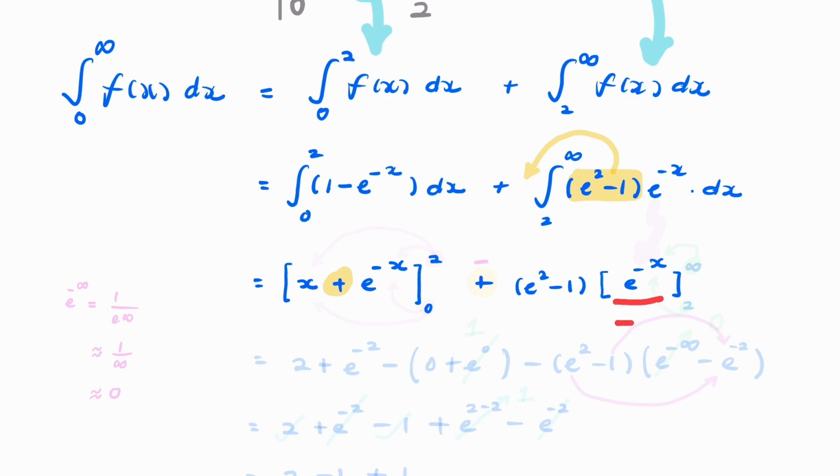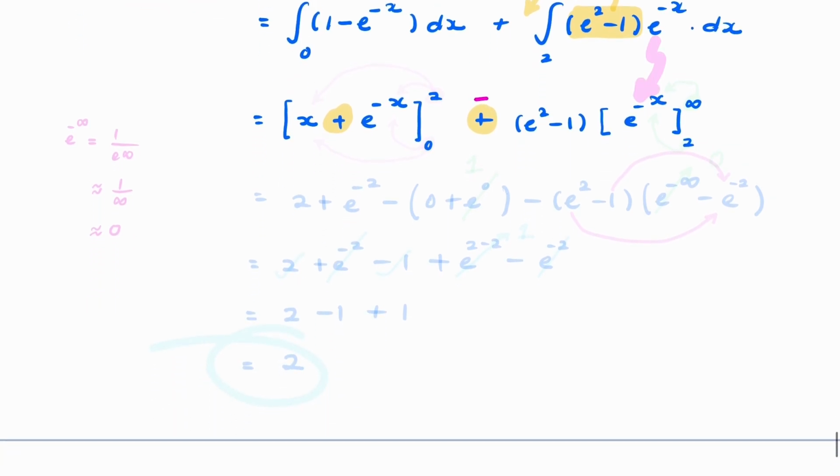Now we would say divide by 1, but it's easier to go back and change this positive to a negative, and then put in the limits of the integration from 2 to infinity. So that integrates to that.